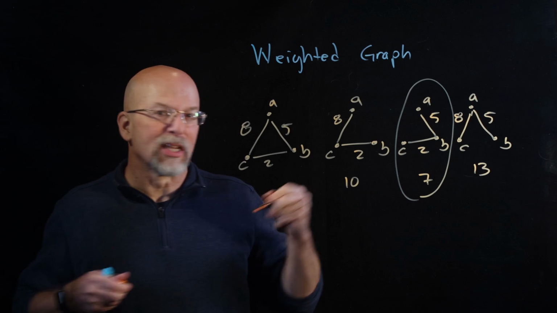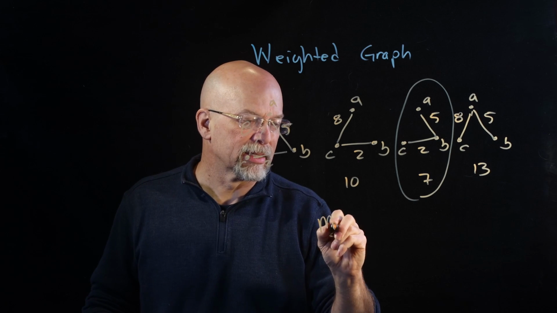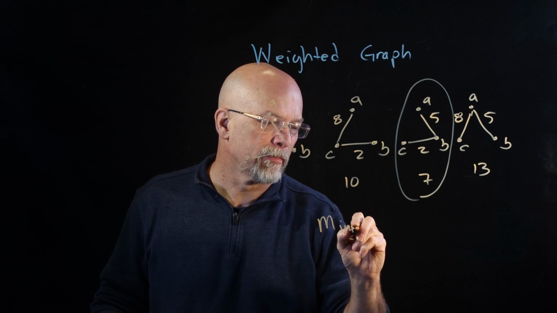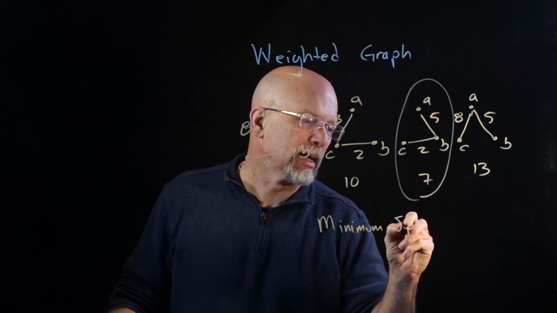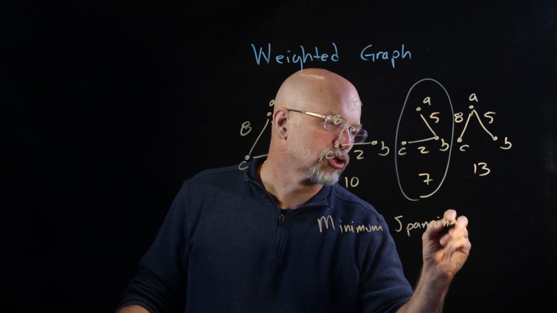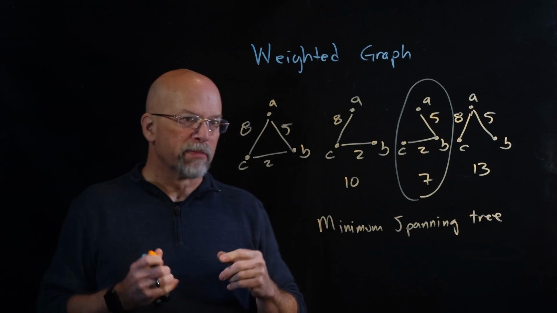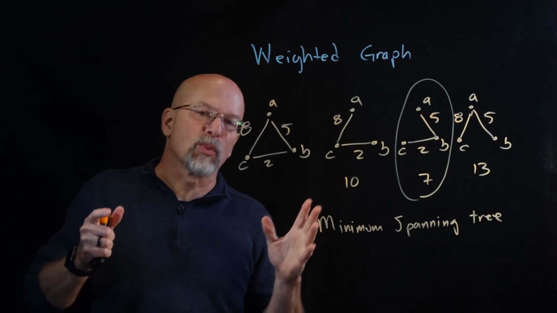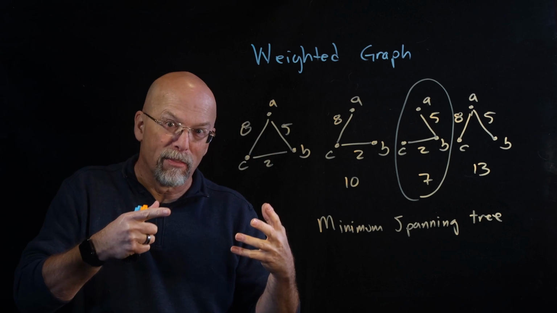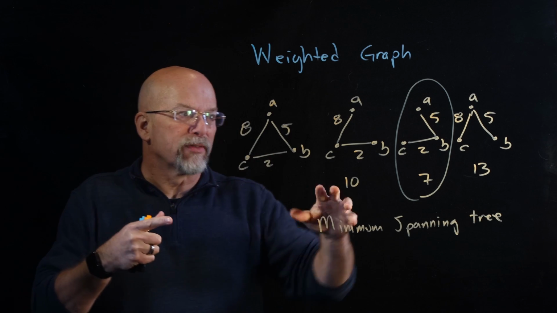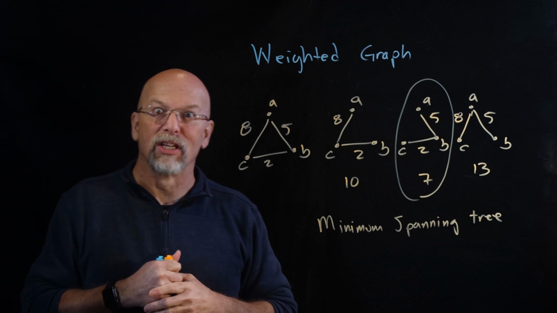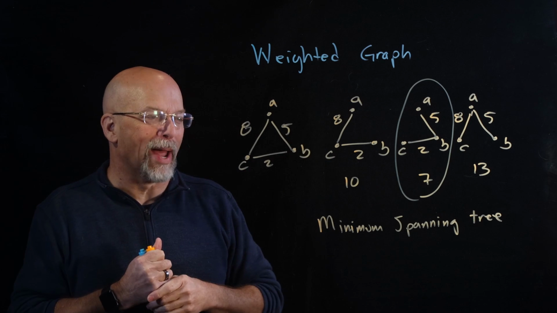And this brings us to the last definition of today's lesson, a minimum spanning tree. Now, a minimum spanning tree is, out of all the options we have for this spanning tree, which of these options gives us the lowest overall weight?